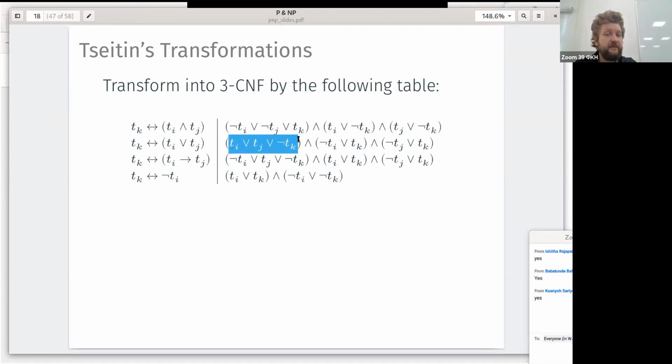It's written like that: not Tk or Ti or Tj, right? And the opposite implication says the following. It says that Ti or Tj implies Tk. And this means that both Ti implies Tk and Tj implies Tk, right? And this is written as follows: not Ti or Tk, not Tj or Tk.